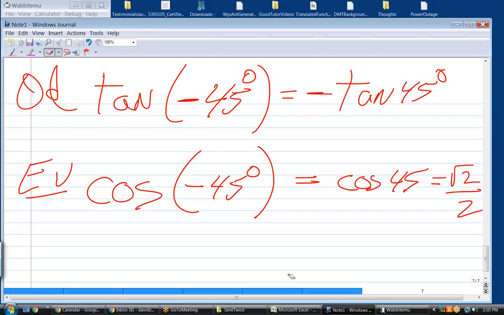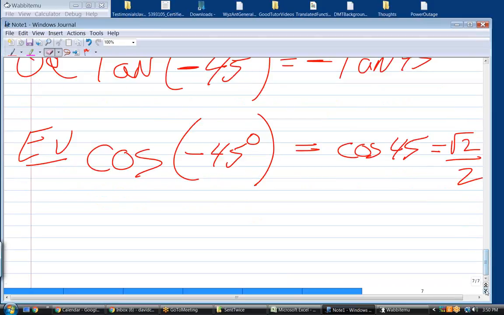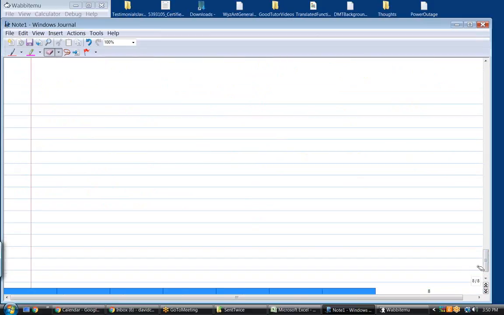And cosine is the only even one you said, right? Yes. Sine and tangent are odd. What about secant and cosecant? They're the same as their reciprocal. In other words, since secant is the reciprocal of cosine, it's also even.